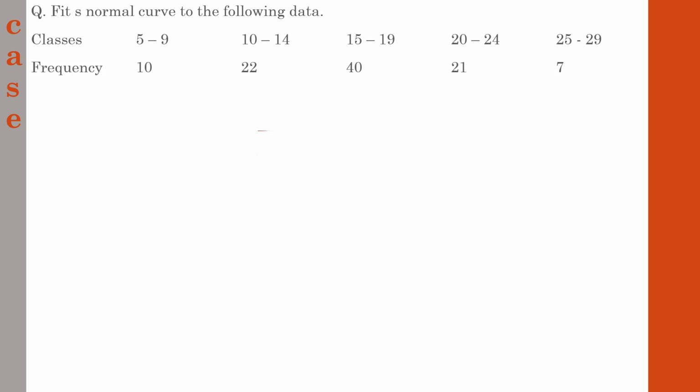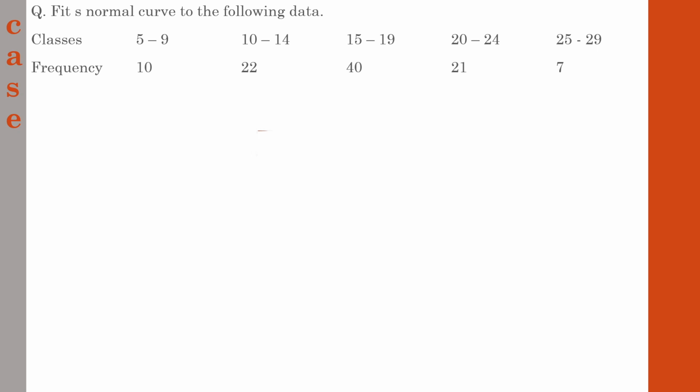If you go through the details of the question, you may find that there is an issue with the class. It is not in a continuous pattern. I hope you all know what is meant by a continuous pattern, because classes are usually in a continuous form. Continuous form means 5 to 10, next one 10 to 20, 20 to 25, like that.